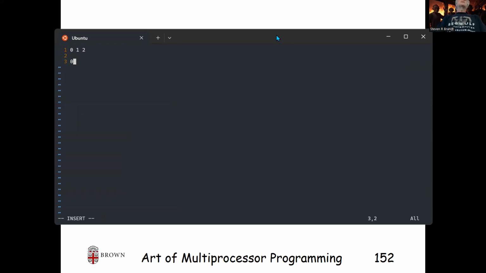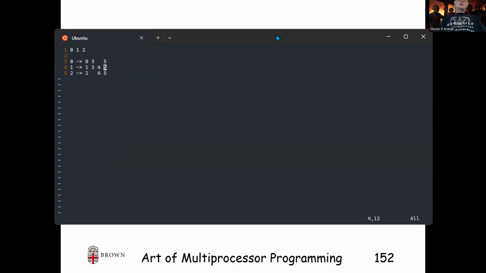Thread 0 is going to write to its own special location, which will be 0, and thread 1 will write to 1, and thread 2 will write to 2. But then each of these will also write to 3, and each of these will also write to 4, and then each of these will write to 5. So now I need 6 locations to do this.